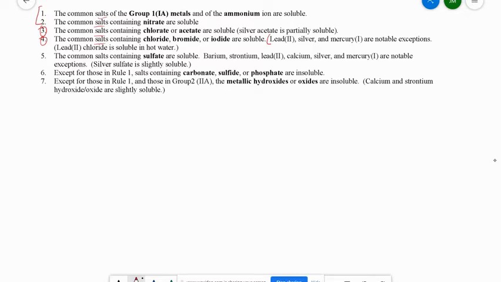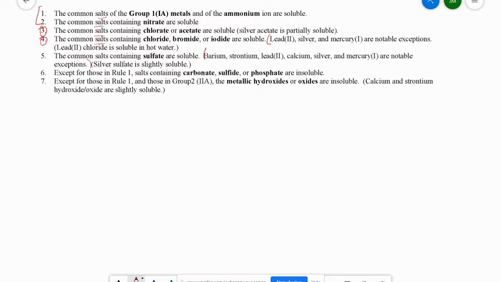These would be exceptions and therefore would be insoluble or would be solids, right? When formed in a double replacement reaction. 5, the common salts containing sulfates. So like the first one that we looked at, potassium sulfate, right? Those are soluble with once again, some exceptions here.